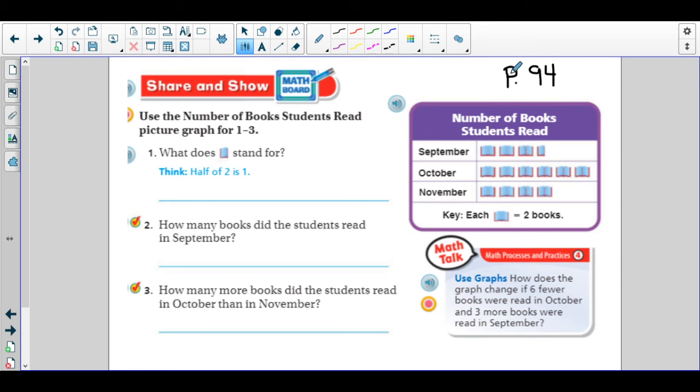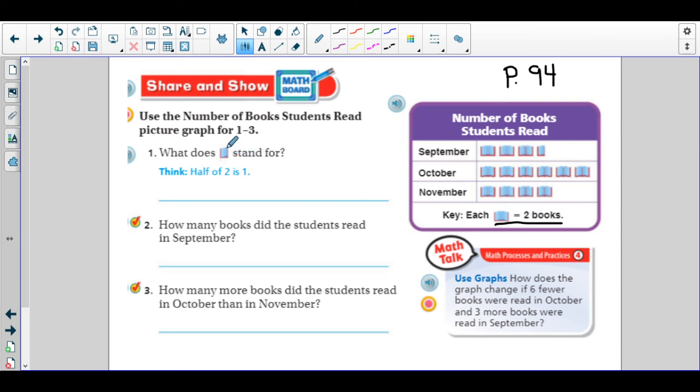All right. We're going to combine those two things that we talked about into one and see what we have here. So we're going to use the number of books students read picture graph right here. What does this half book symbol mean? Well, one whole picture of a book is actually equal to 2 books.